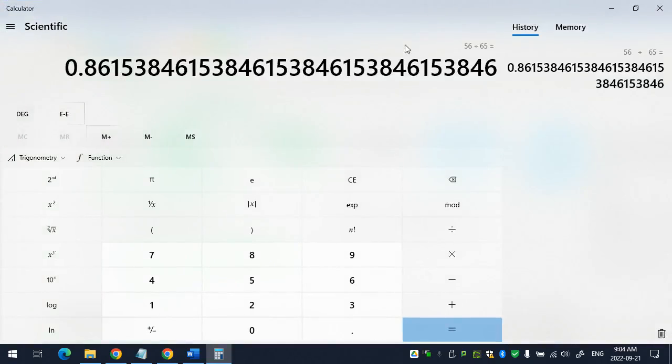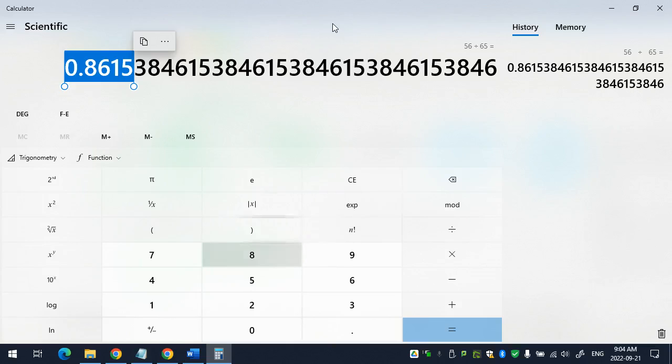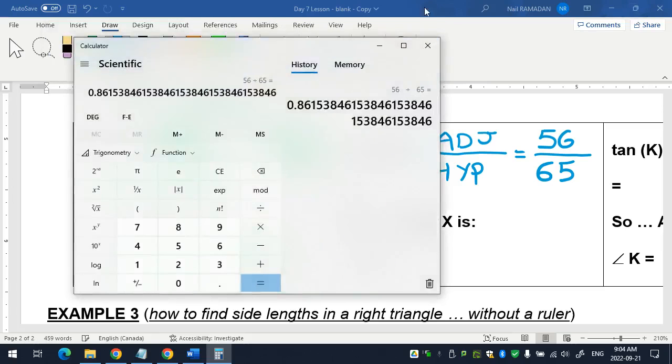How many digits do we say we're always going to take? 4 decimal digits, just for good accuracy. Not too big. All right. 861, and I'm going to cut it right here. So does the 5 change or stay the same? Stay the same because 3 is lower than 5 to cut it off. All right, so 8615. Perfect.